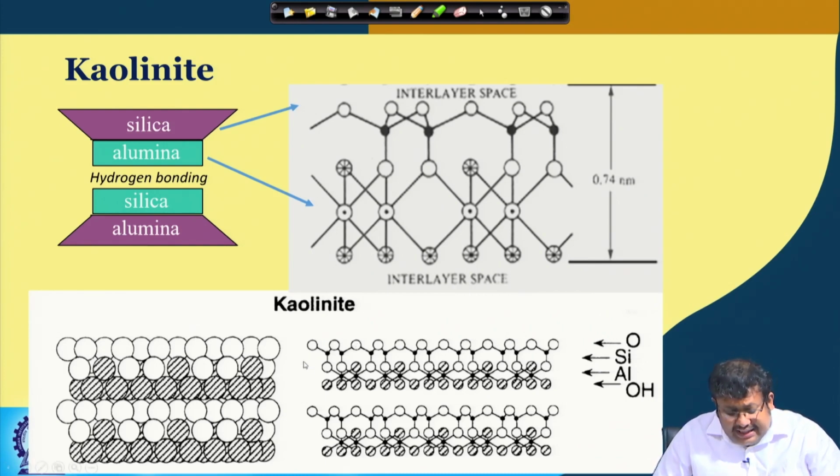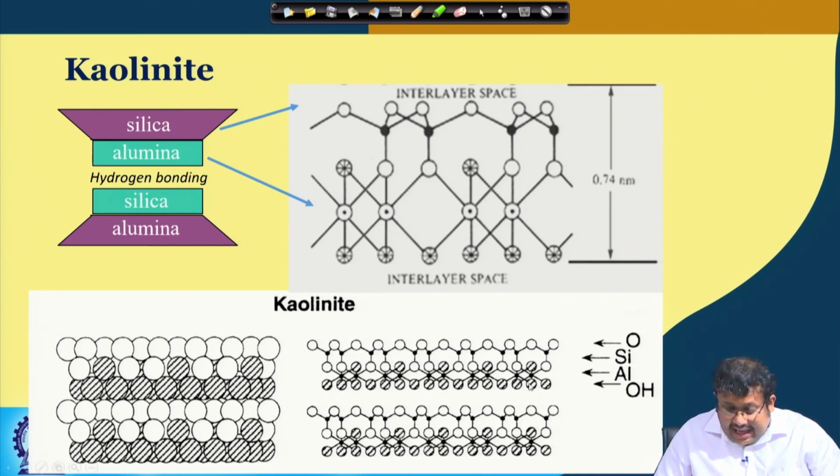One thing is very clear from this structure, that of these two adjacent layers, the basal plane of atoms represents hydroxyl here, and the next layer of atoms in this adjacent layer is basically the oxygen atom.